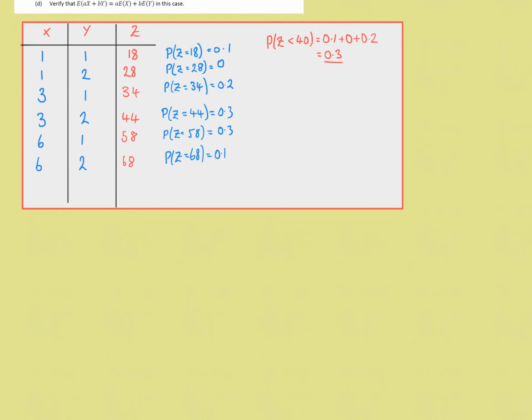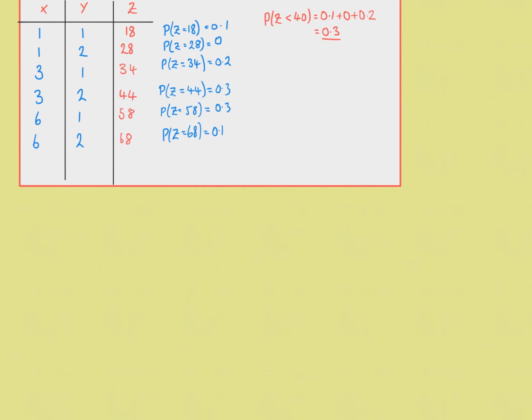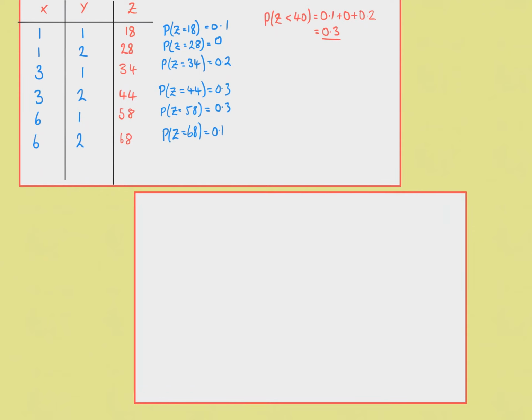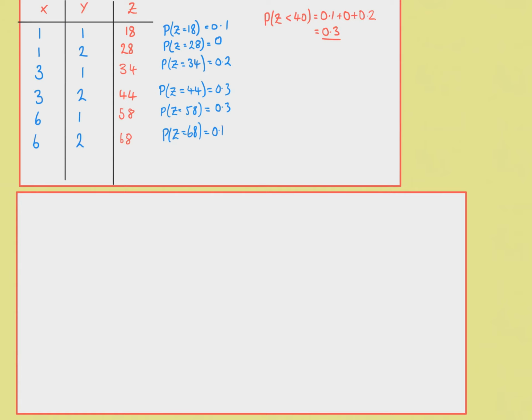In part C of the question, we're asked to calculate the expected value of z, so the expected score. And remember, the expected value of z is just equal to the sum over all possible values that z can take, the probability that the random variable z is equal to each particular outcome times by that individual outcome.